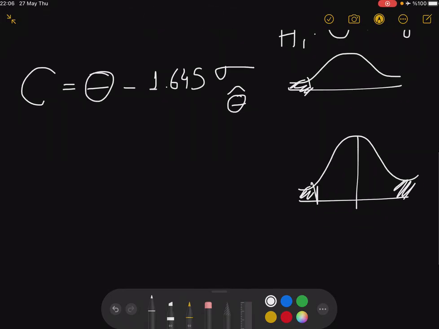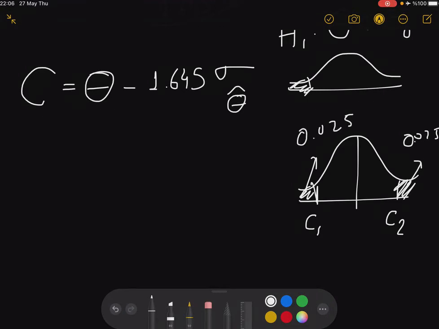So it means that you're dealing with both of these cutoff values. That should be your C1 and C2. Since your alpha is 0.05, then you will have 0.025 right here.